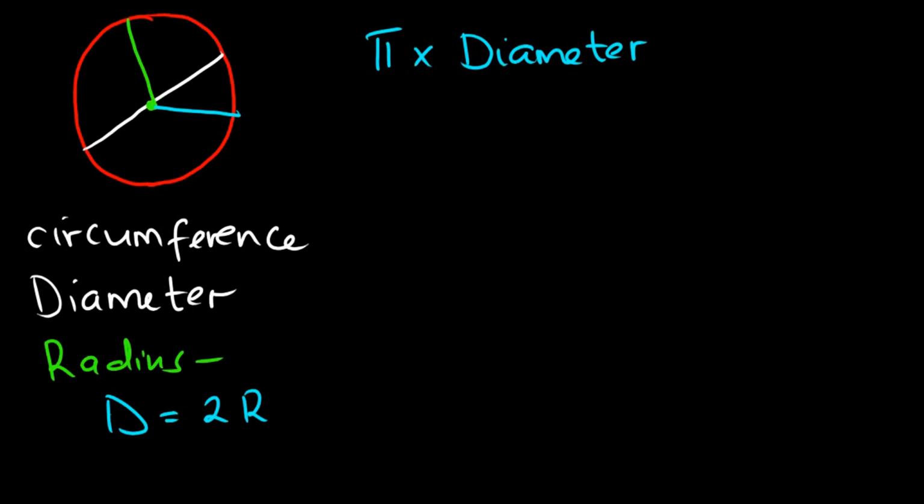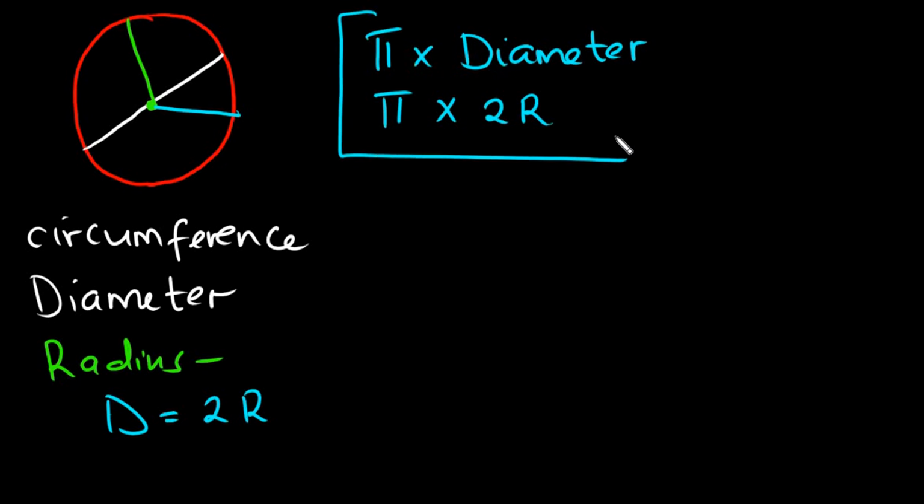Since we have also said that diameter is the same as 2 times the radius, we can also write this formula as pi times 2r, since 2r is the same as the diameter. So these are the two formulas that we're going to use to find the circumference of a circle.